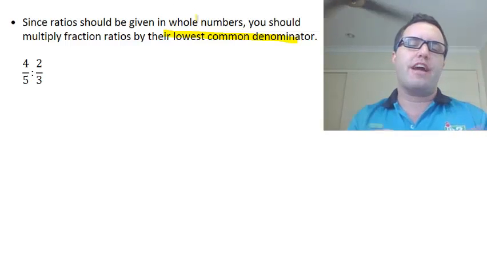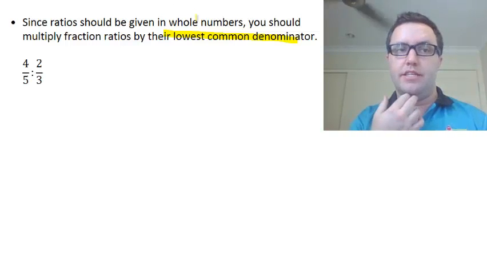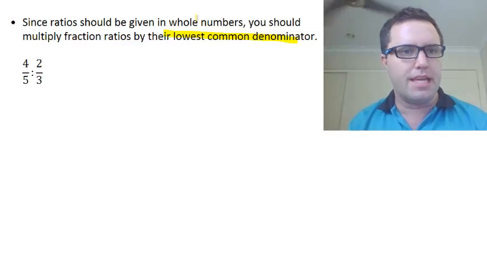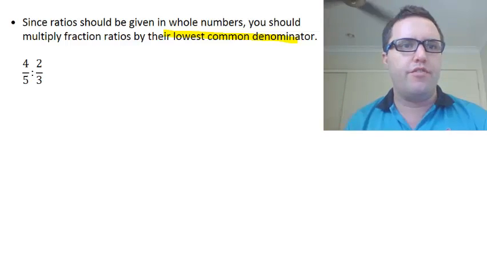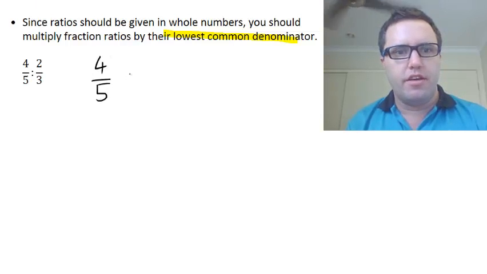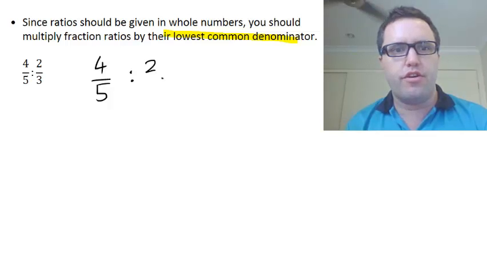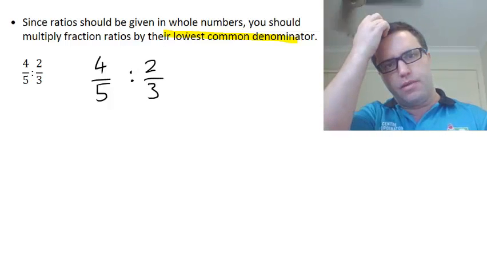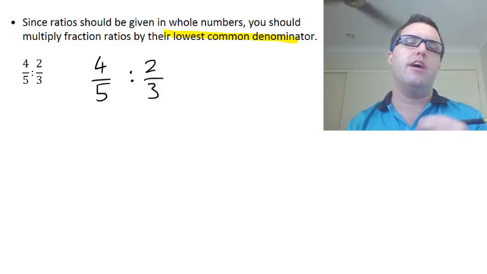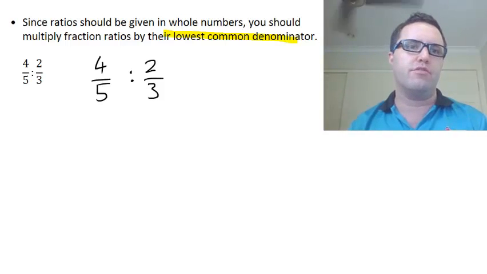There are ideas of fractions, you're never going to get away with it, and here's another good opportunity maybe for you to get a handle on it again. Alright, so if we have this one here, 4/5 is to 2/3. Now, this might not make a lot of sense, multiplied by their lowest common denominator at the very start, but we're going to show you how that's going to work out.